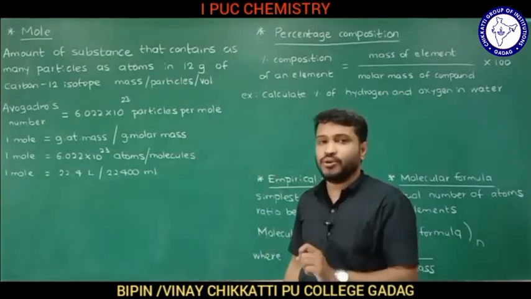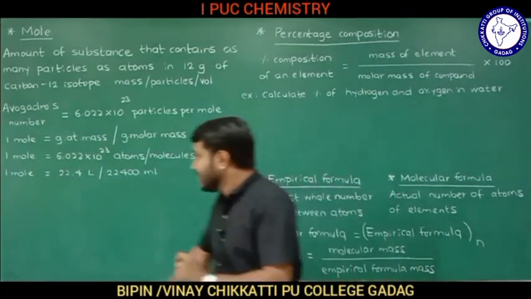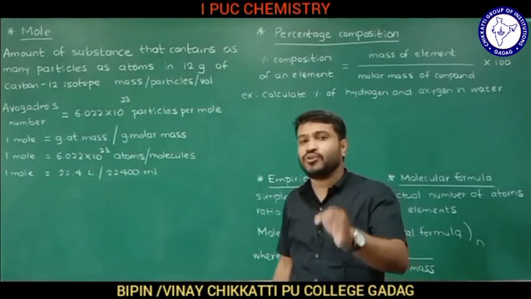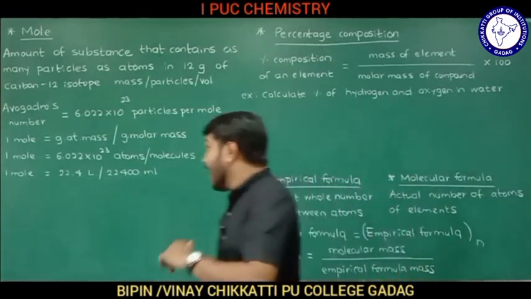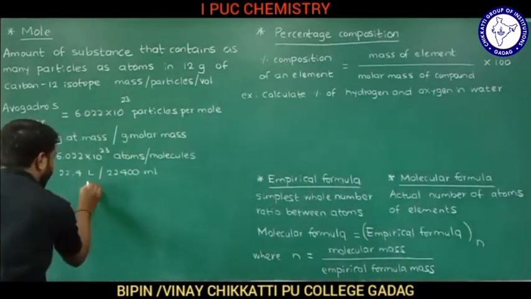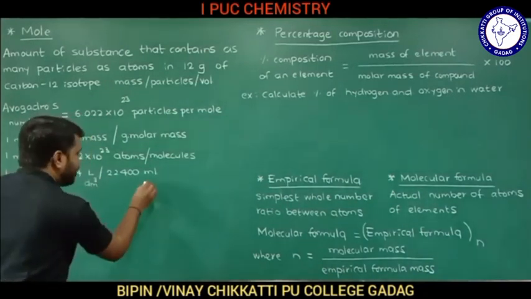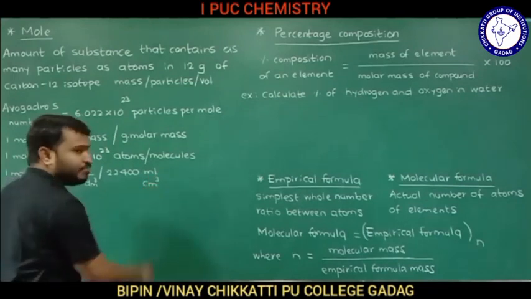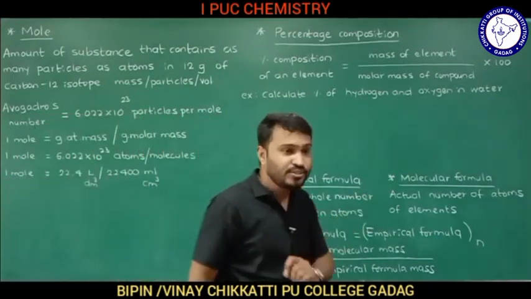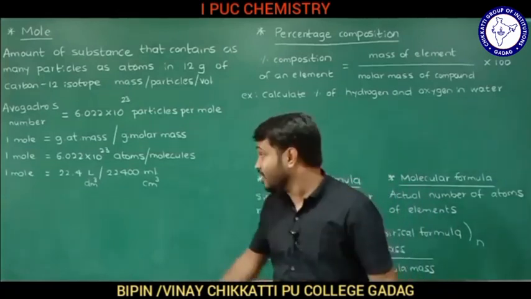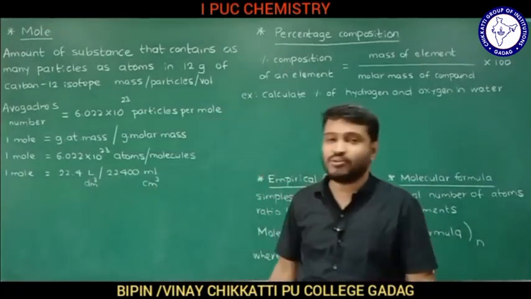In terms of volume, the value is fixed: 1 mole of any substance has 22.4 liters. And I hope you know that for liters you can use one more unit, the dm cube, and for milliliters you can use cm cube. I told you the relation also: 1 liter is equal to 1000 milliliters, and similarly 1 dm cube is equal to 1000 cm cube.